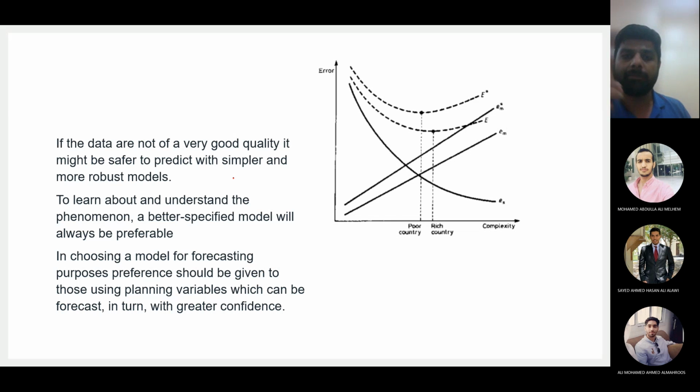So when you increase the number of variables, each variable is bringing its own measurement error into the equation. So in that case, it may be more efficient for you to have a simpler model which has less variables, so that the number of measurement errors in the equation will be less, and you will have less overall error as well.